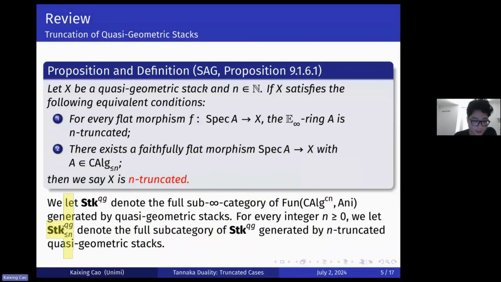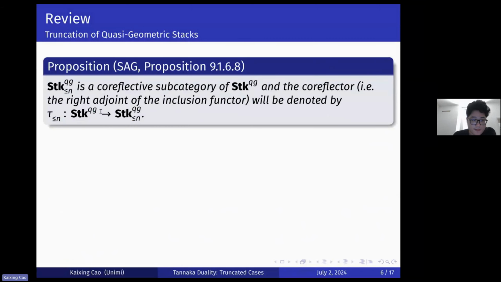One can see that we have the inclusion functor from the n-truncated quasi-geometric stacks to the infinity category of all quasi-geometric stacks, and this inclusion admits a right adjoint.